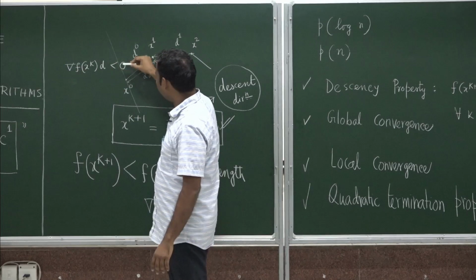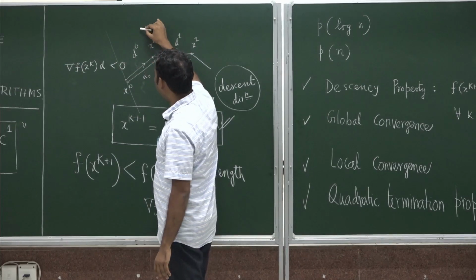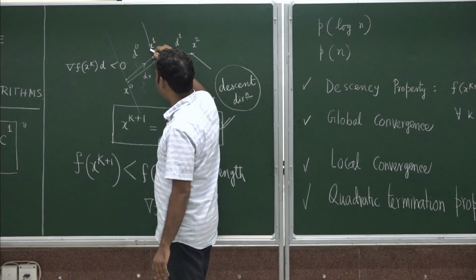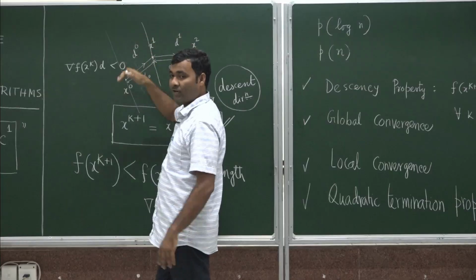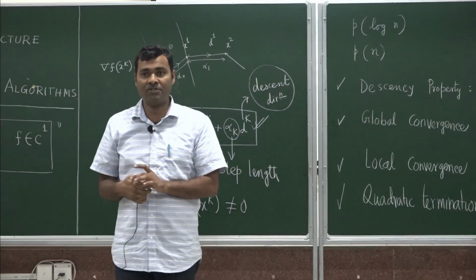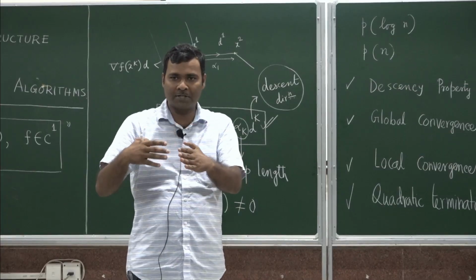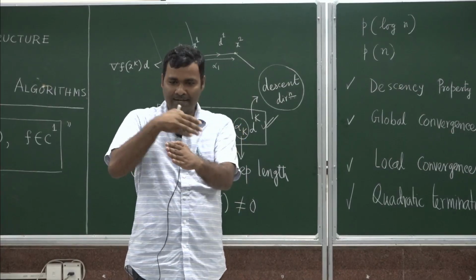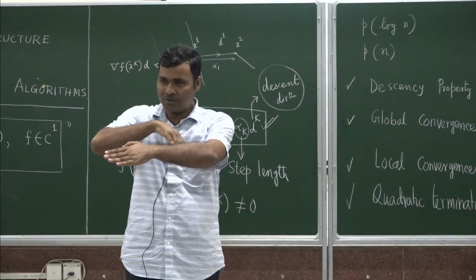Then again, with the intersection of this region, at the next point we figure out another descent direction, and again another half space, and then the intersection. So slowly it is trying to cover the minimizer by a polytopic region. At one side it is not there, then in the next iteration on another line it is not there on that side, so now the intersection of these two sides.